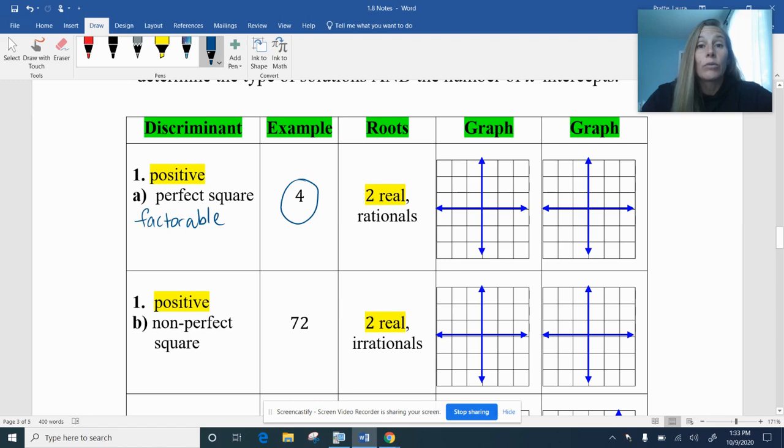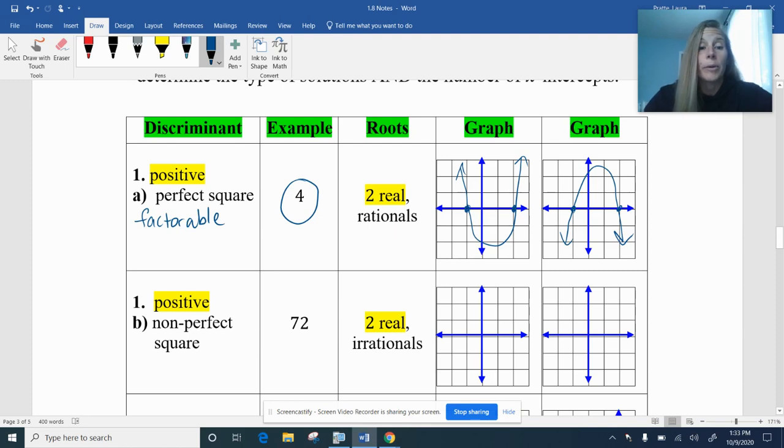If it has two real roots and they're rational, then when we graph it, it's going to go through the x-axis at a whole number, an integer, or maybe a fraction. Now, the graph could go upside right. It can also go upside down, depending on if the a value is negative or positive. But in any event, it's going to go through at an integer or some kind of fraction or rational number.